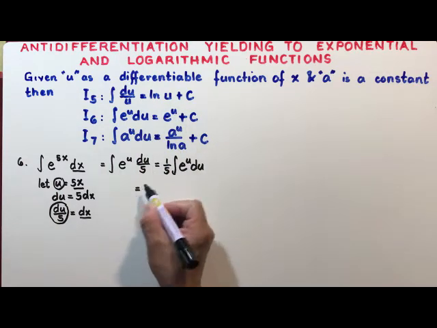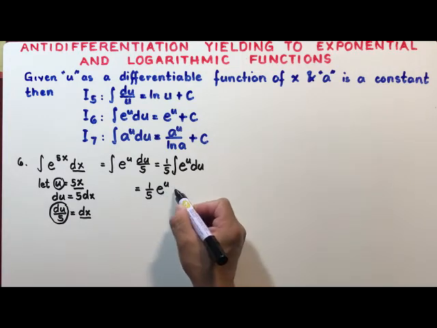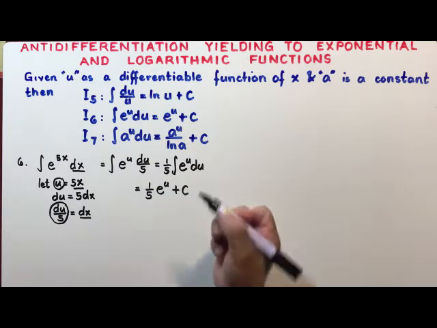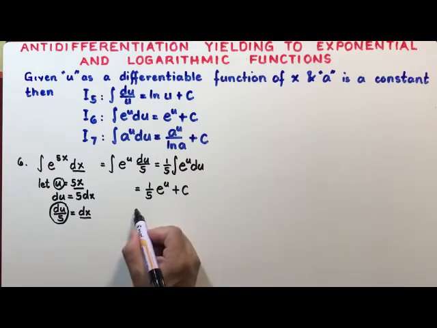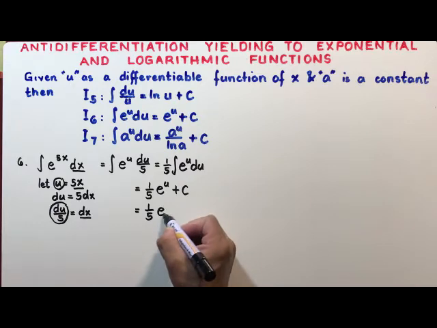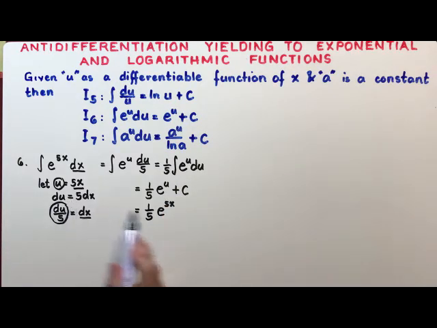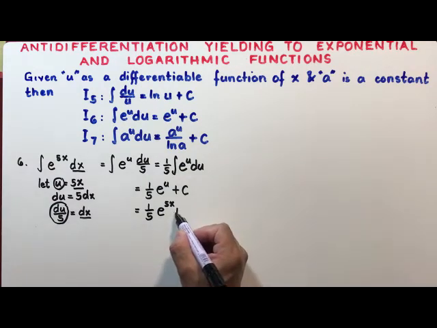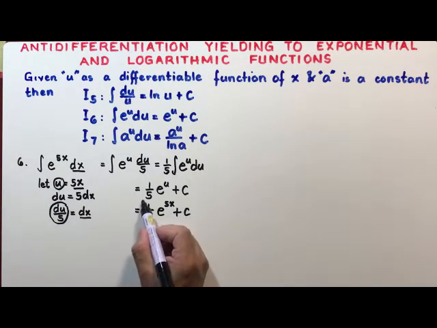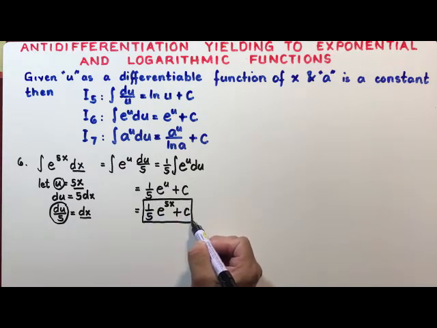So this is 1/5 of e to the power u plus the constant of integration c. And we know that our u is just 5x. So instead of writing u, we need to go back to the original expression, which is in terms of x. So this is our answer for our example number 6.